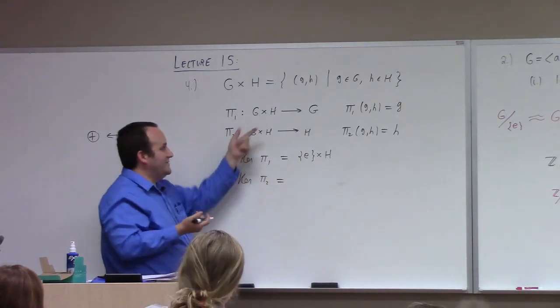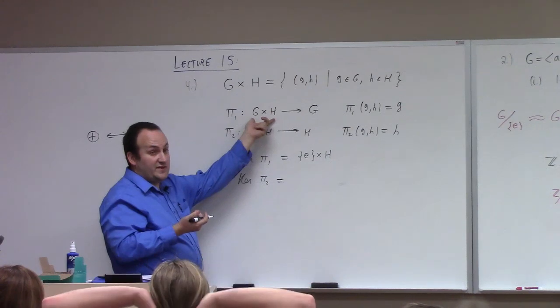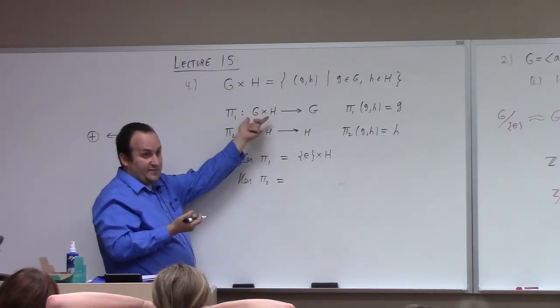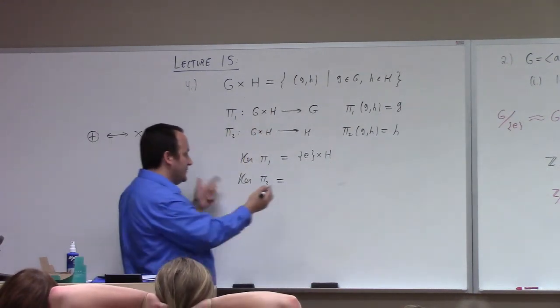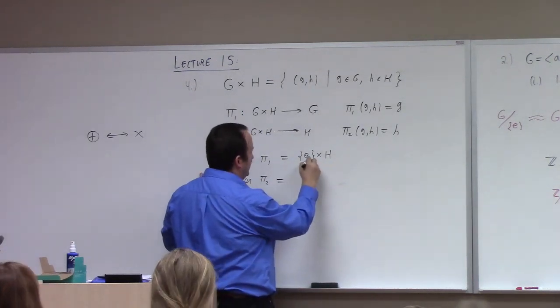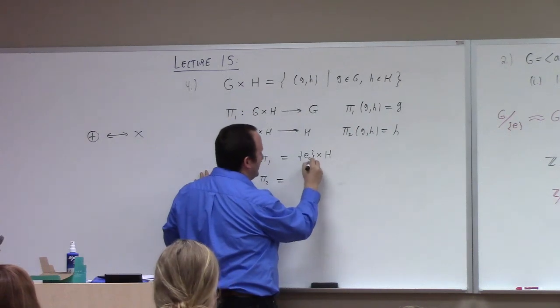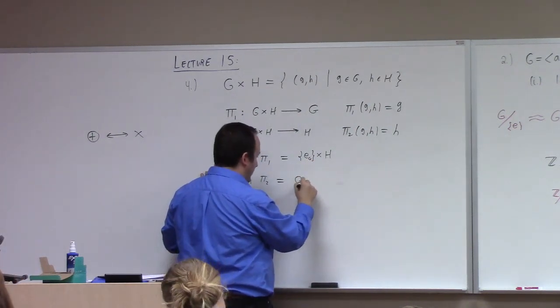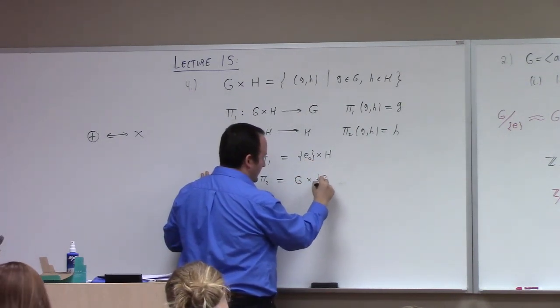The kernel of pi 1 has to be a subset of the domain, which is the Cartesian product of G and H, so we have to write something in there. Once I did the first one, you can do the second one. To be specific, that's G cross E sub H, right?